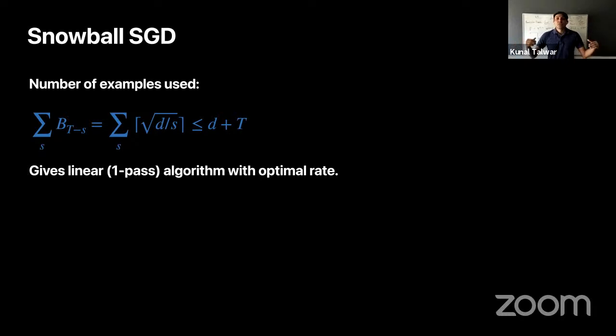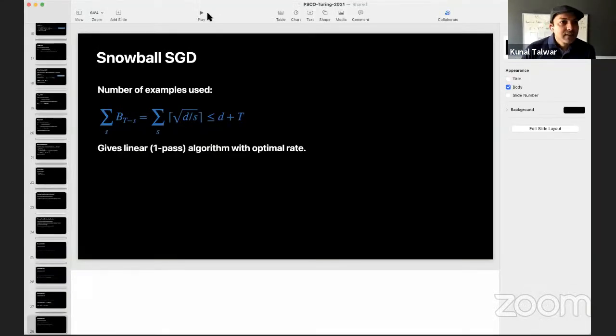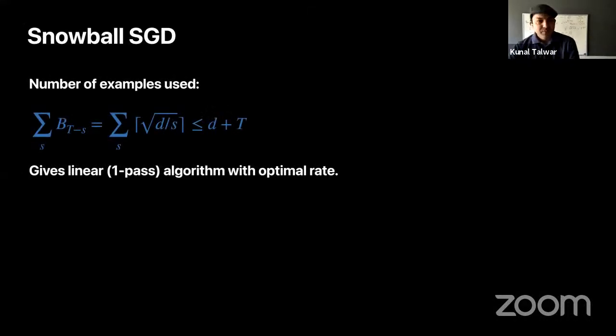Essentially, I'm getting the 1 over square root n rate in one pass. This gives me the right rate because it's a one-pass algorithm. Because it's one pass, it also generalizes, and I get the result.